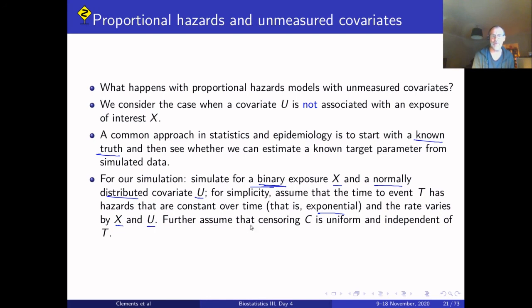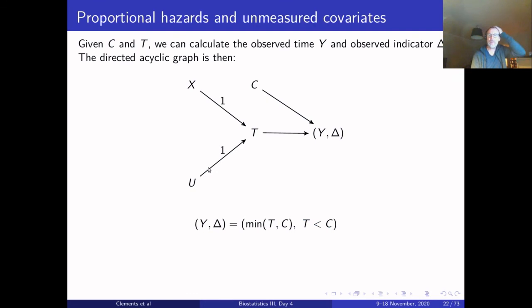It's not terribly important, but we'll also assume that c is uniform and that the censoring is independent of t. So what we do here is we've got x independent from u, and assume that both of these are affecting time t.